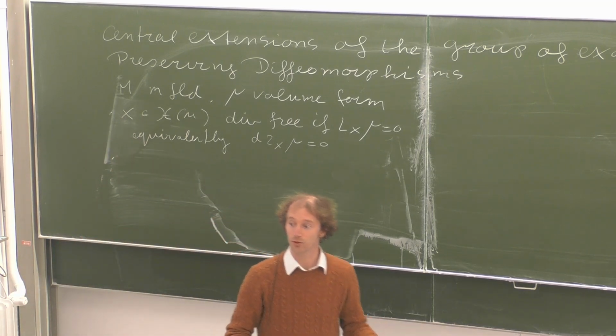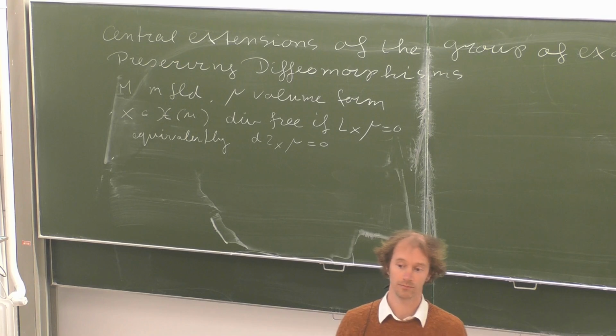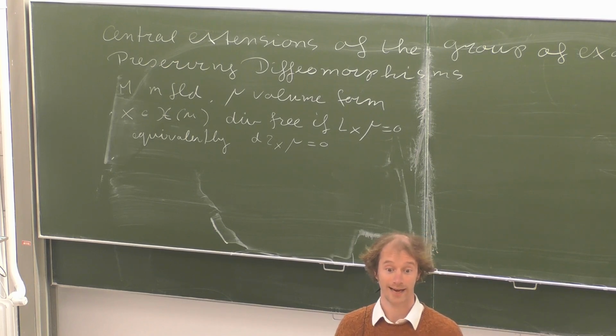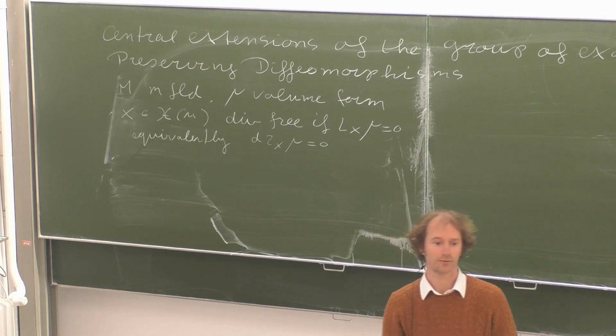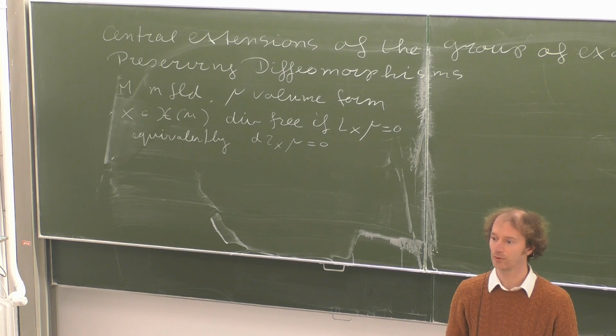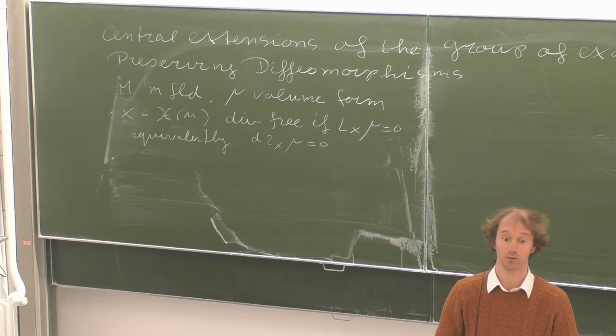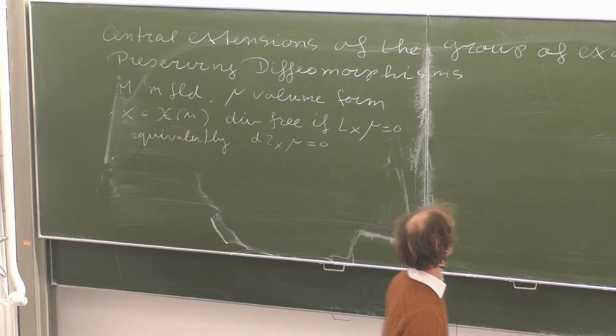It's exact divergence-free if i_X of mu is not just closed but exact. So it's kind of analogous to a vector field which can be symplectic, but it can also be Hamiltonian: i_X of omega is not just closed but exact.